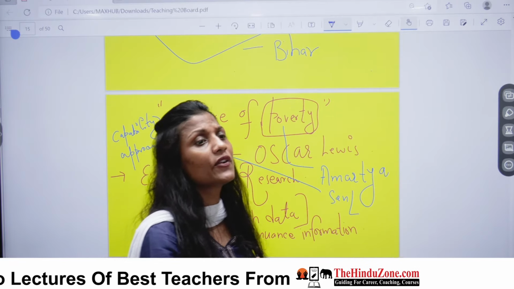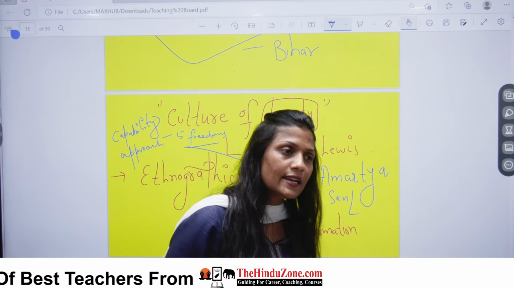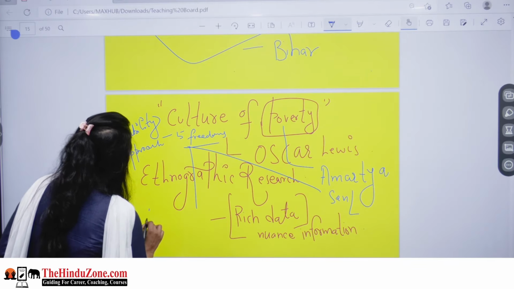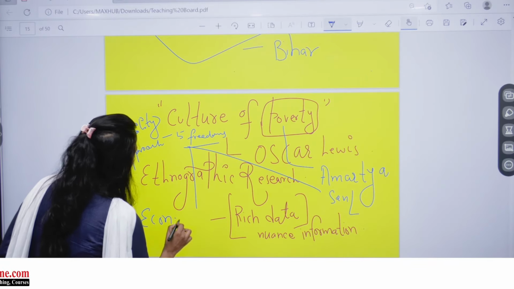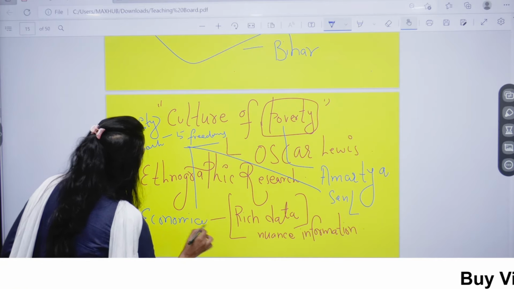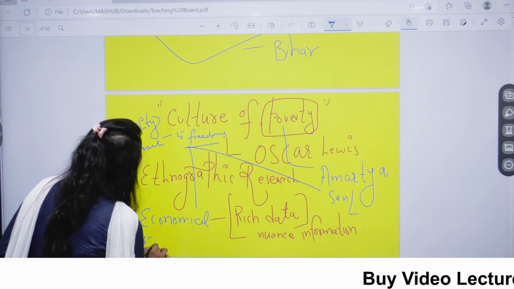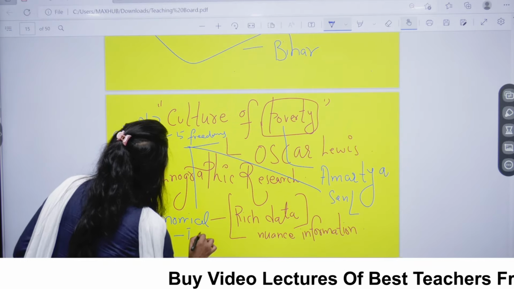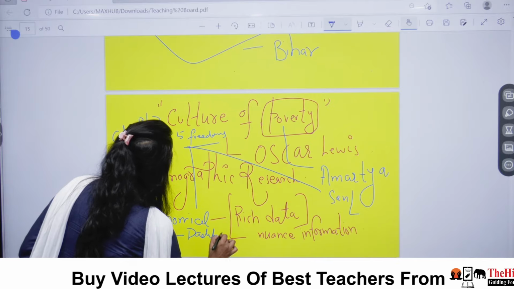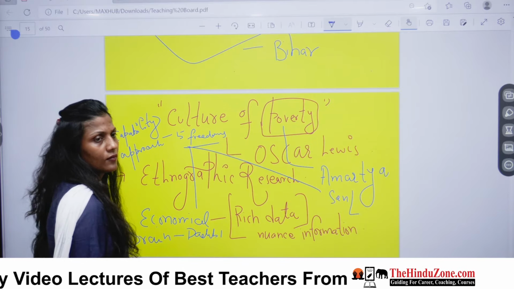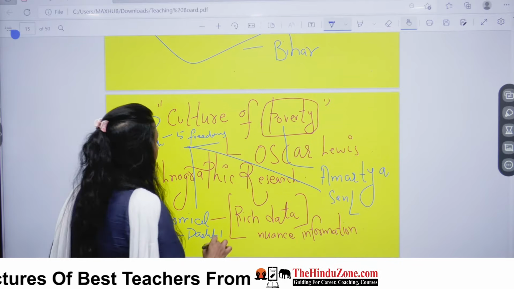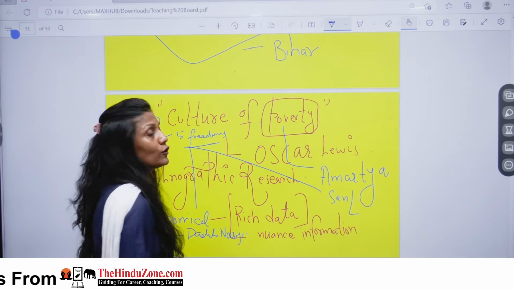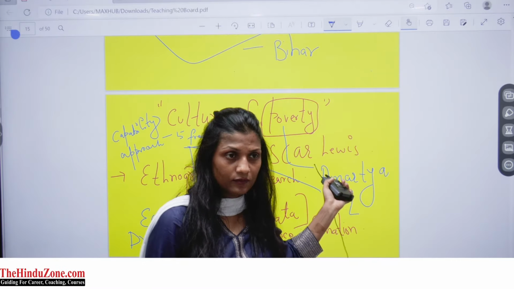Let's talk about the economic drain theory during the Indian national movement. This is your Paper 2, where the economic drain theory was given by Dadabhai Naoroji. And we also have dependency theory.